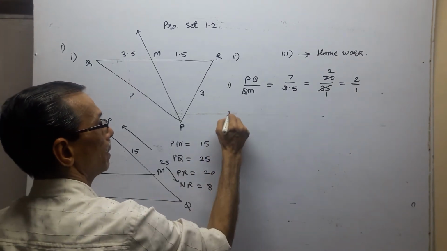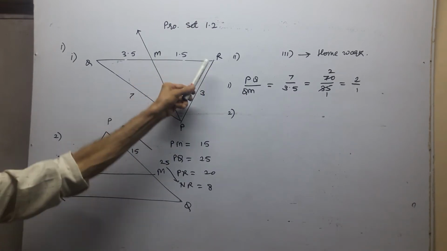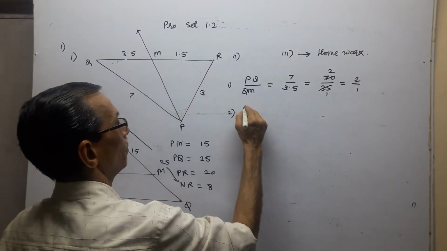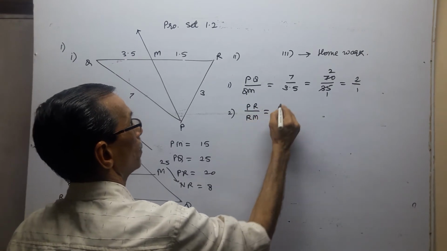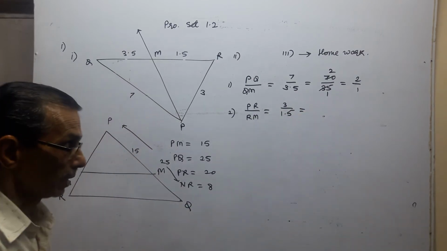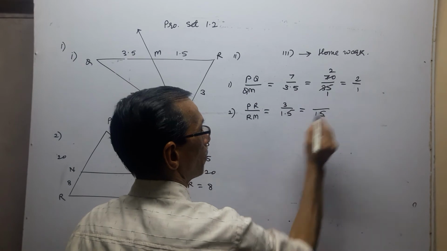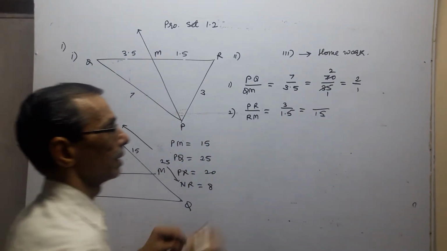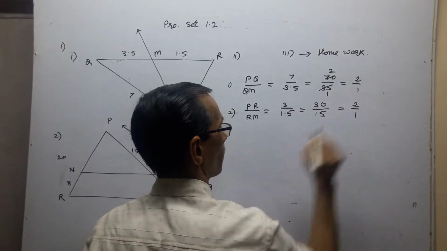Similarly, let us take the ratio of PR and RN. So PR upon RN is equal to 3 upon 1.5. Let's shift the decimal point by one digit, then in the numerator we write 30 and the denominator 15, and that is also 2 upon 1.